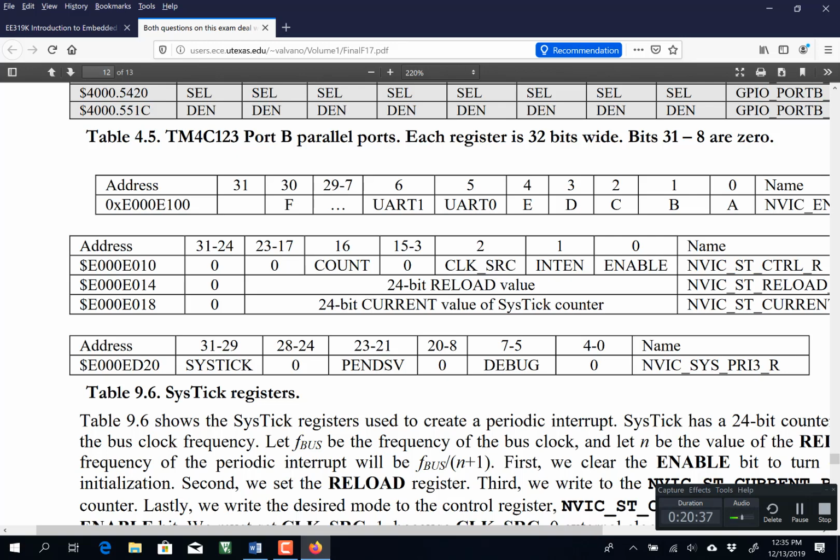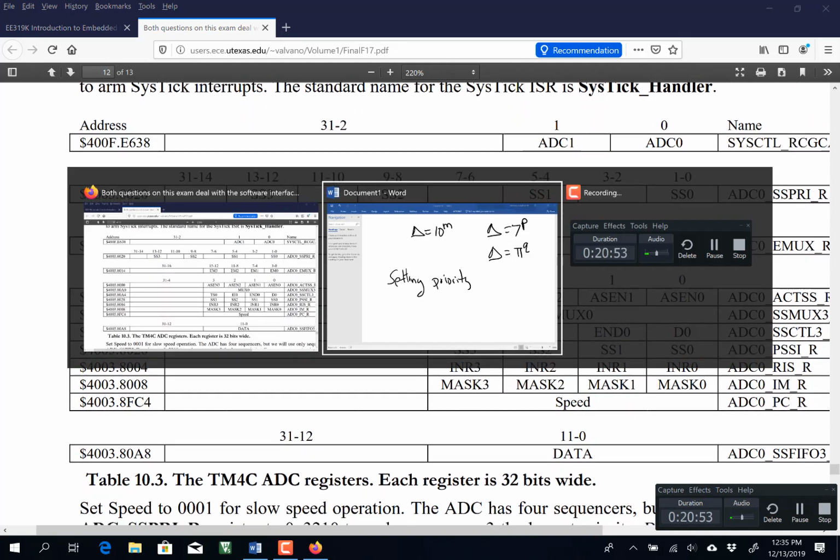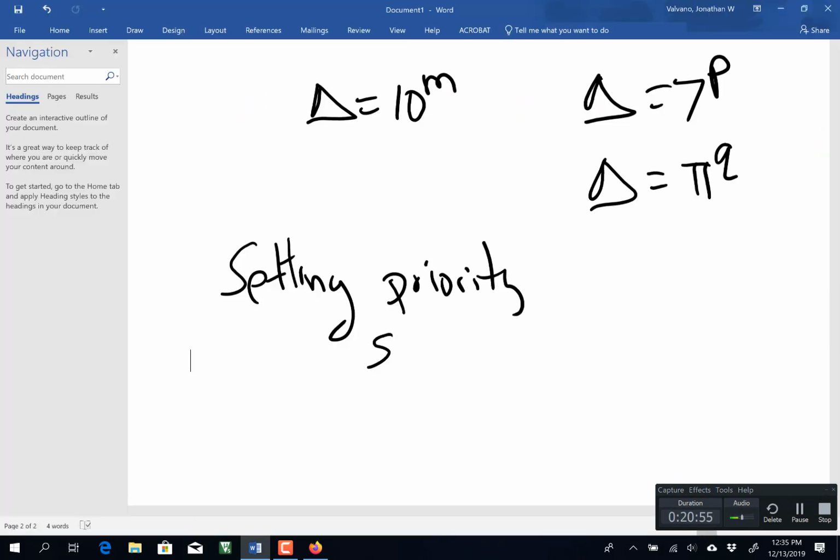Okay, so what I want to do is set those 3 bits. I've got to remember, I want bits 31, 30, and 29 to be 0, 0, 1. Did I say priority 1? All right. So let's go back over here. We're going to set SysTick to priority 1.